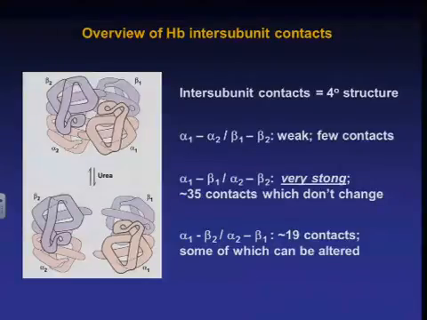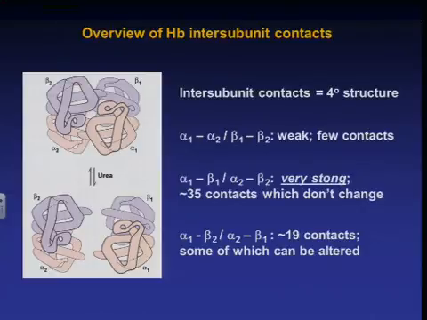The ones which are altered are these transverse ones between alpha 1 and beta 2, beta 1 and alpha 2. And those are the ones that we're going to be looking at both pre-oxygen binding and post-oxygen binding.